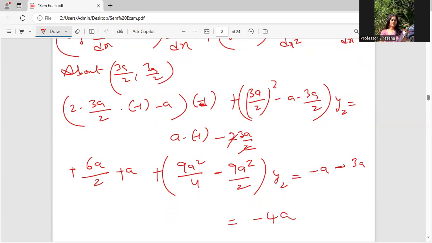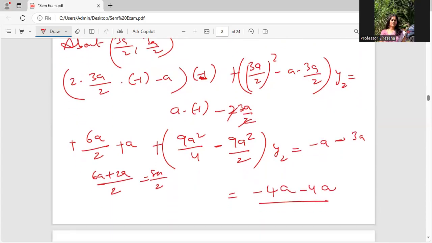This would be minus 4a on the left hand side. And then 6a plus 2a by 2 would be 8a by 2, which would be 4a. If it comes this side, it would be minus 4a. Just see, this term value is this. This term value is 9a squared minus, LCM would be 4, so 9 twos 18a squared.